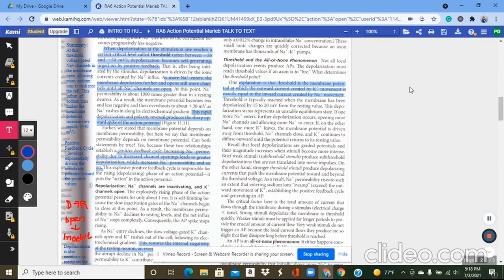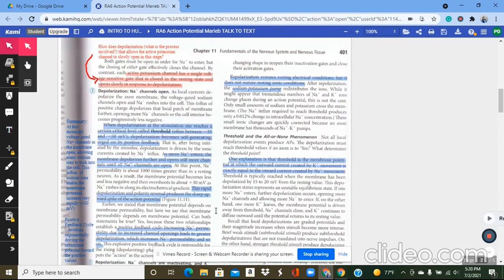If one or more sodium enters, further depolarization occurs, opening more sodium channels and allowing more sodium to enter. If, on the other hand, one more potassium leaves, the membrane potential is driven away from this threshold. Sodium channels close, and then potassium continues to diffuse outward until the potential returns to its resting value.